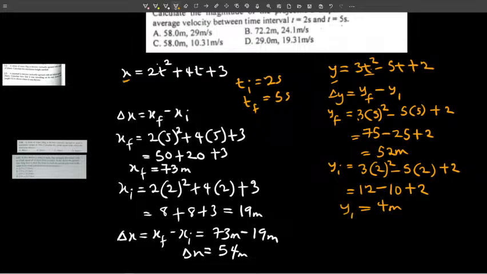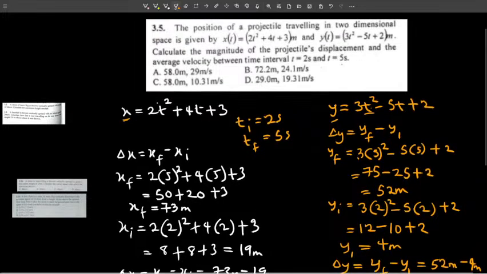So that's my yi. So my displacement in the y direction will be yf minus yi. That will give me 52 meter minus 4 meter. So change in y will be equal to 48 meter.